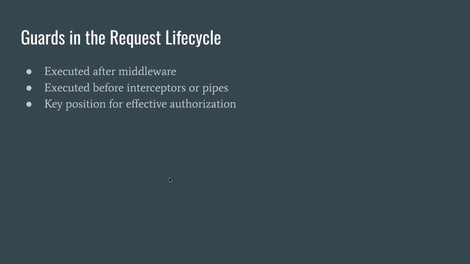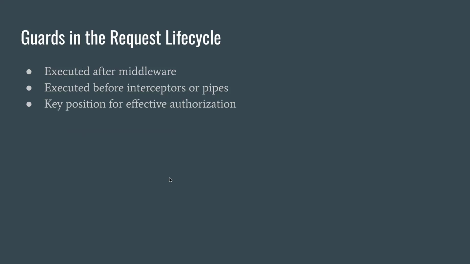Guards in the request lifecycle. In order to understand where guards fit into the request lifecycle, it's important to know their execution order. Guards are executed after all middleware, but before any interceptors or pipes.